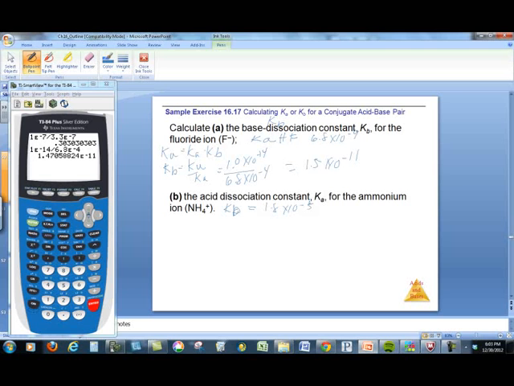Alright, so my Ka is equal to my Kw over my Kb, which is 1.0 times 10 to the minus 14 over 1.8 times 10 to the minus 5. And if I plug and chug, I'm going to get 5.6 times 10 to the minus 10. And we're going to stop there.